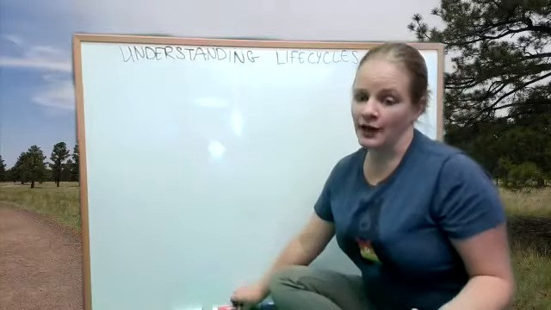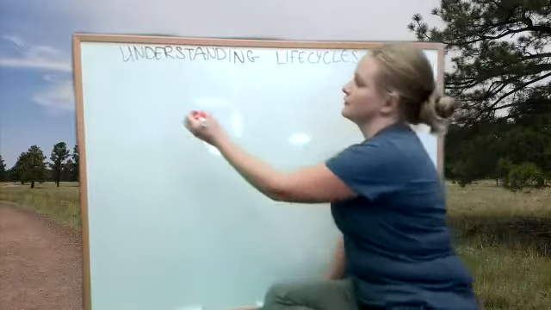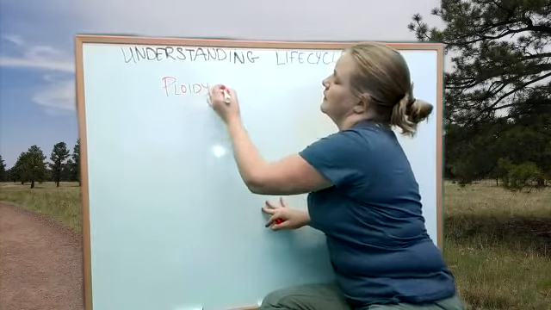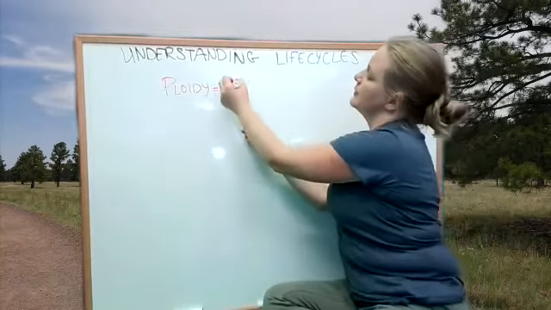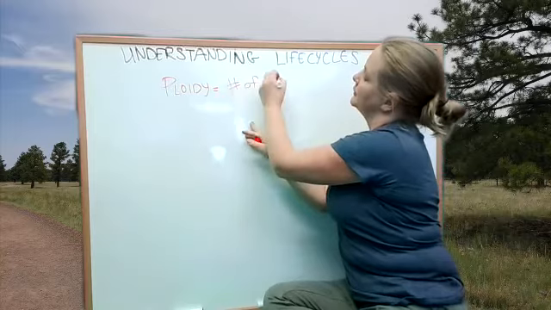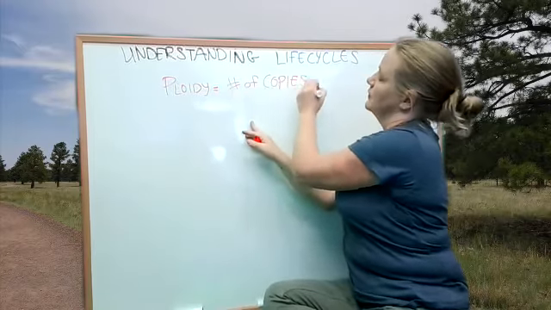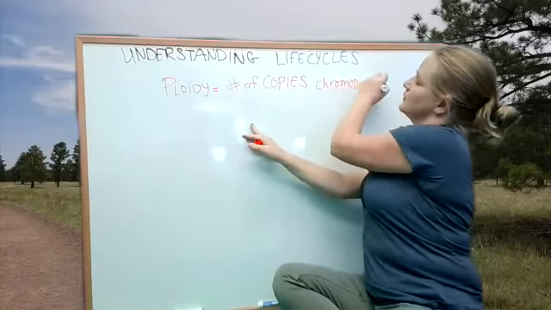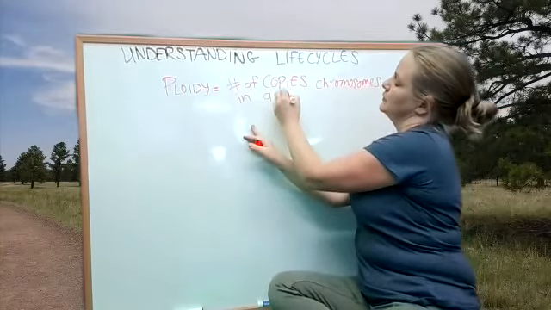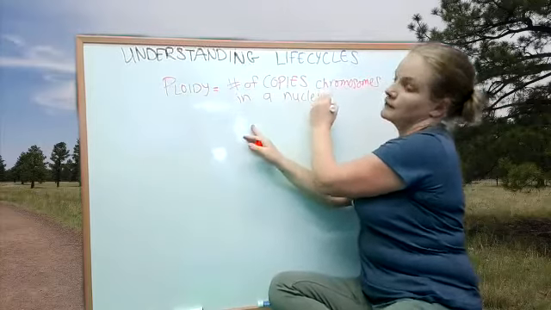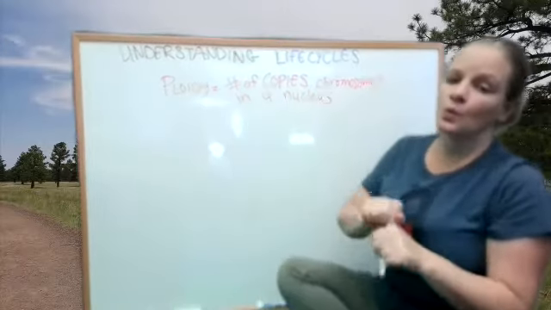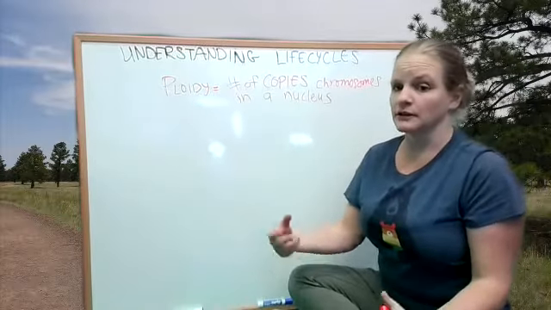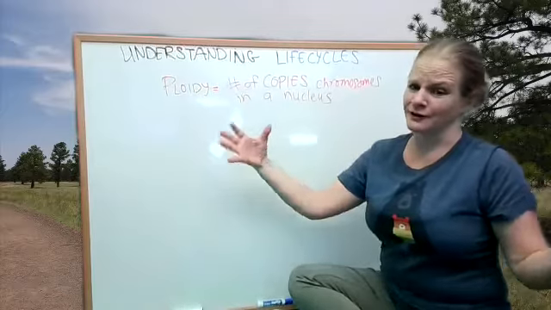Before we get into that, though, I just want to make sure that everybody is familiar with the term ploidy. This is talking about the number of copies of chromosomes in a nucleus. There are different ploidy levels, and plants are weird and can have lots and lots of copies.